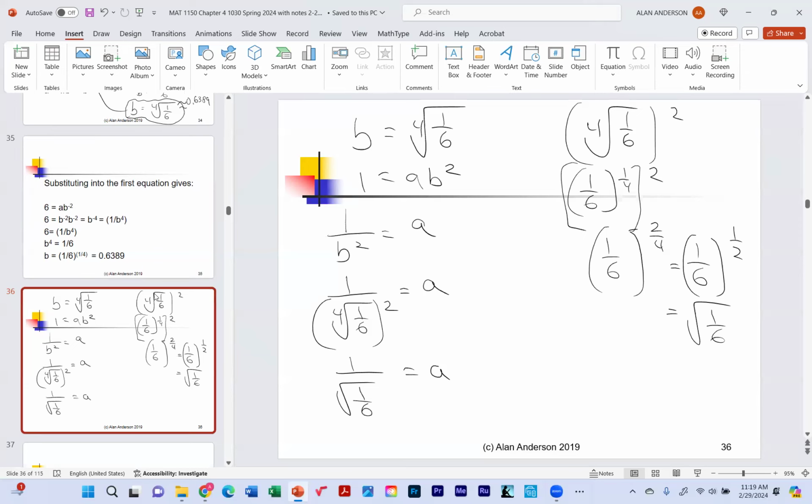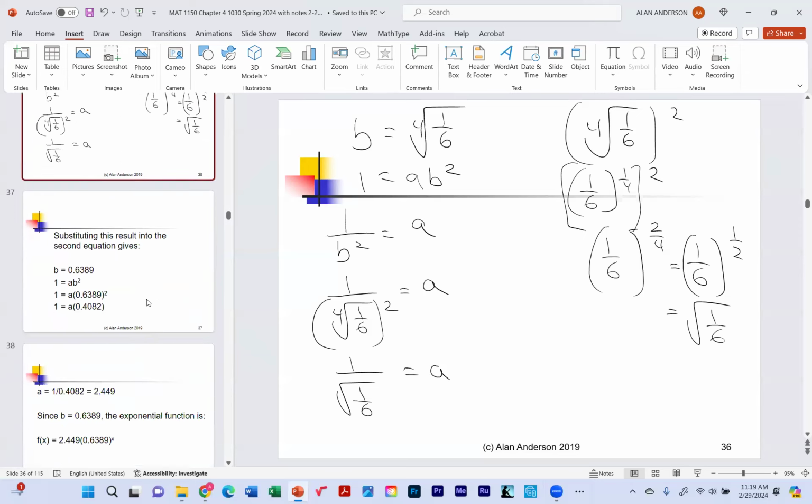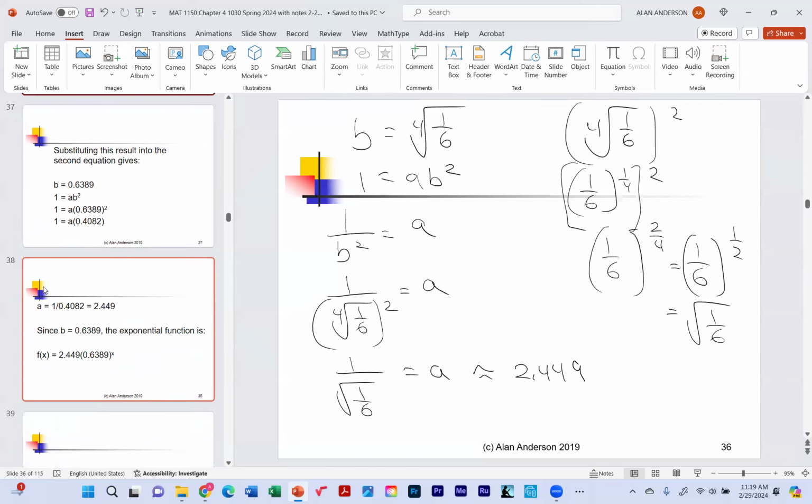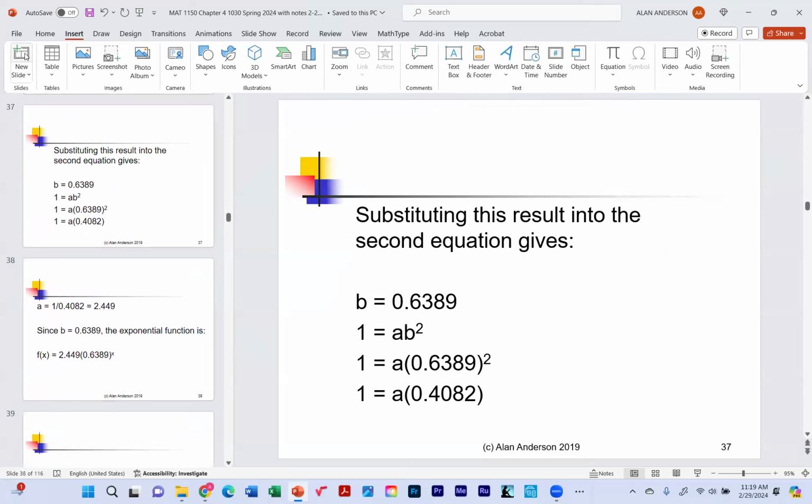And I've also gone through and determined that this is approximately equal to 2.449. So when you're done, you can write the equation exactly correctly.